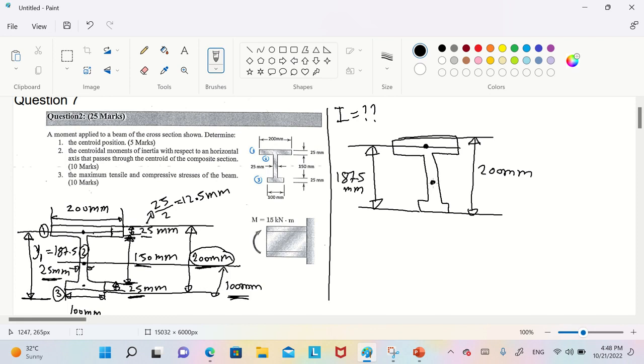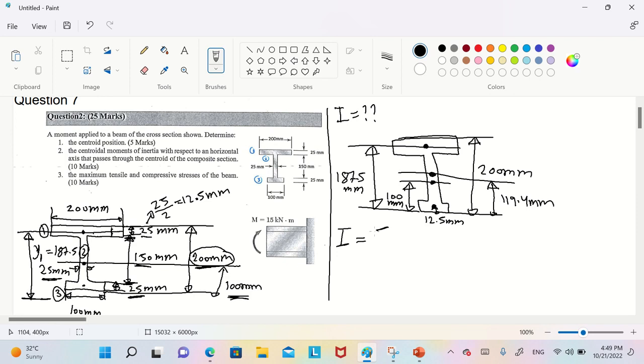For the second, the center to the ground is 100 millimeter. The center of the third one to the ground is 12.5 millimeter. The whole centroid to the ground is 119.4 millimeter.